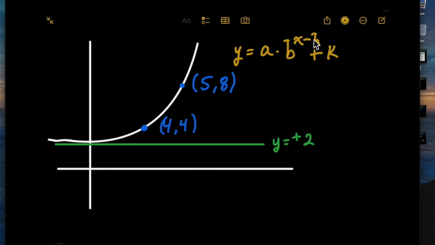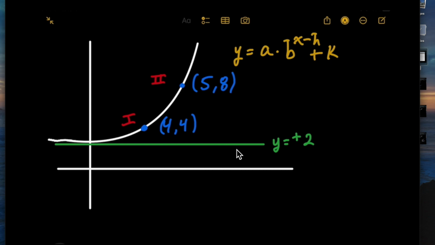A times b to the x minus h plus k. And you could see that our plus k, that's going to be our horizontal asymptote. So we initially have that. And I'm going to call the point closest to the horizontal asymptote Roman numeral 1, and the other point further away Roman numeral 2.